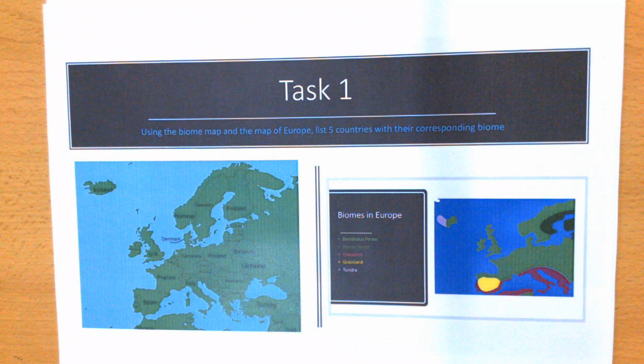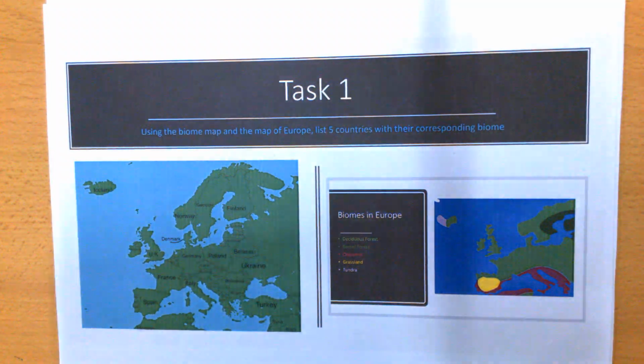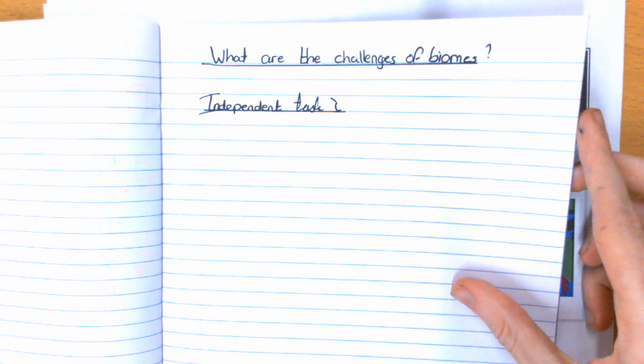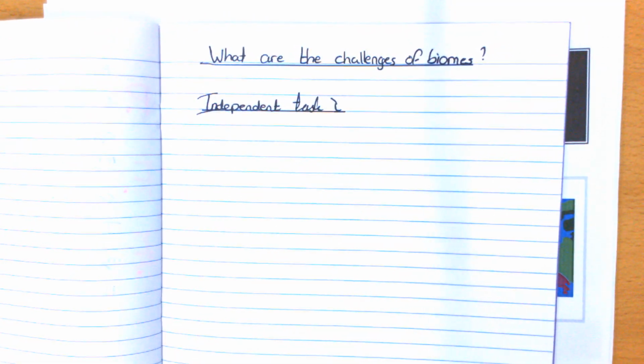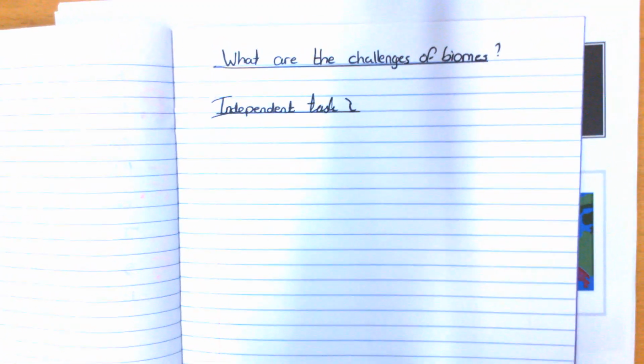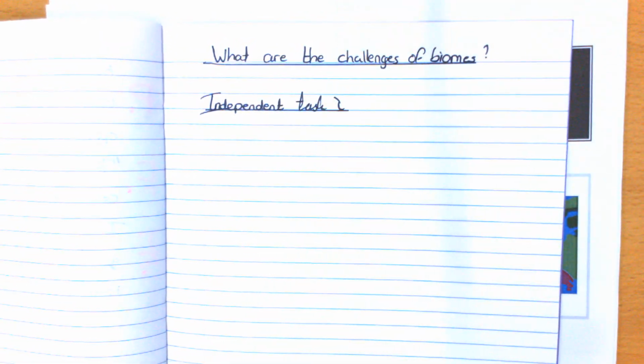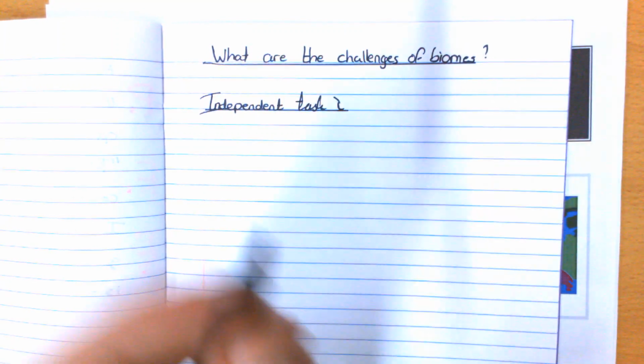So I am going to model one for you. I'm going to take out my book and I will show you what we're going to do. So you can see here I have written down what are the challenges of biomes. That is my WALT, and I have my independent task 1 written down as well. So task 1 is for me to look at the map and to decide on 5 countries and their corresponding biome.